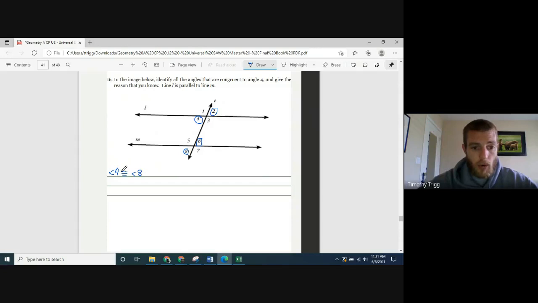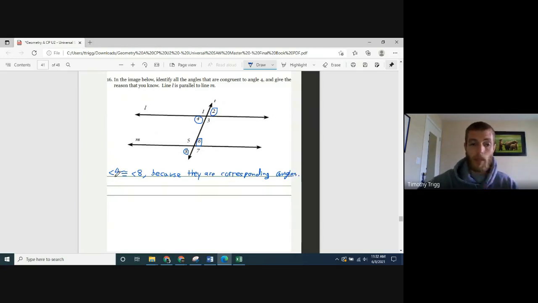So angle 4 is congruent to angle 8, comma, because they are corresponding angles. They are corresponding angles. Running out of space there.